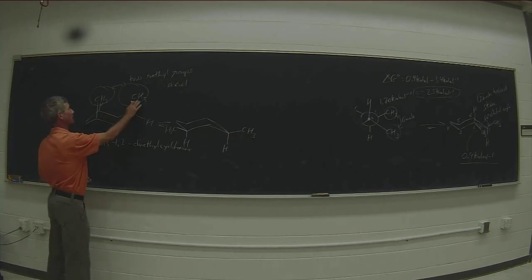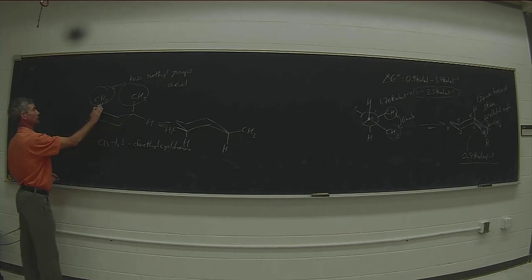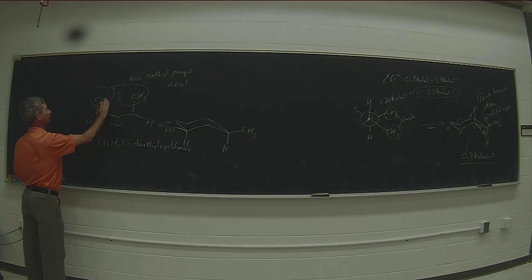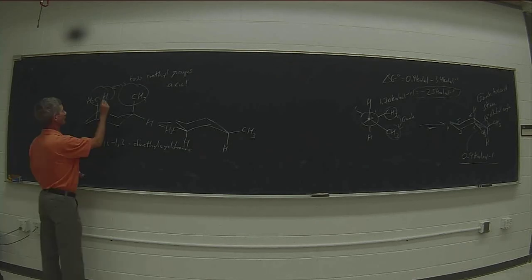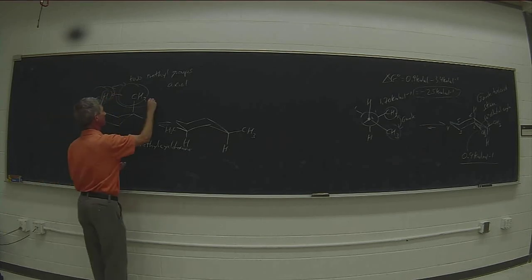That would be a methyl group interacting with two axial hydrogens, but that's not what I have here. What I have here is a methyl group interacting with an axial hydrogen and then also interacting with another axial methyl group. So if I look at the interactions with this hydrogen, the one methyl group is interacting with the hydrogen, so there's a 1,3-diaxial CH3-H interaction.